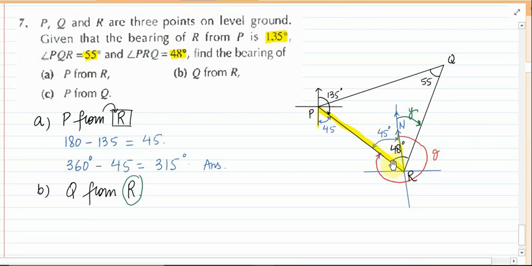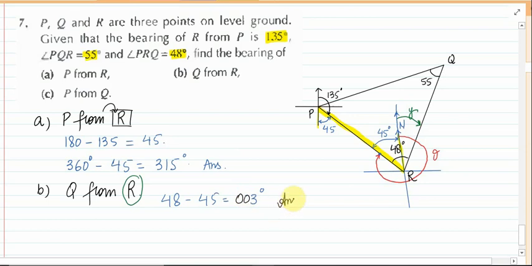If this whole angle is 48 and the left part is 45, so what is the remaining angle? So it will be 48 minus 45 is equal to 3 degrees. Since we are dealing with the bearing, so it will be 003 degrees.